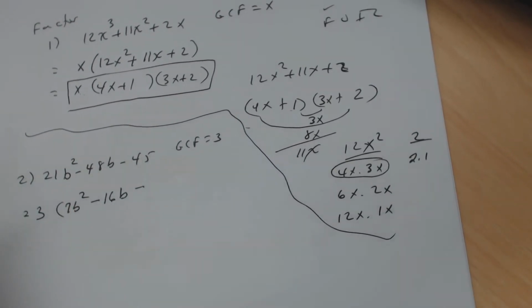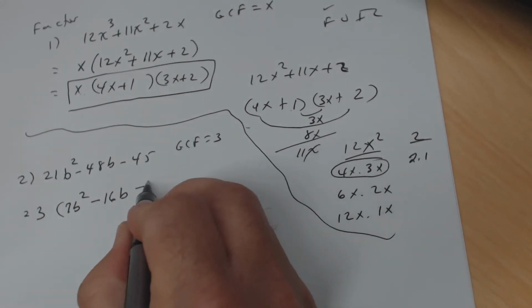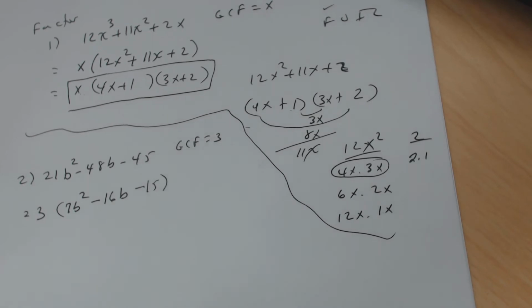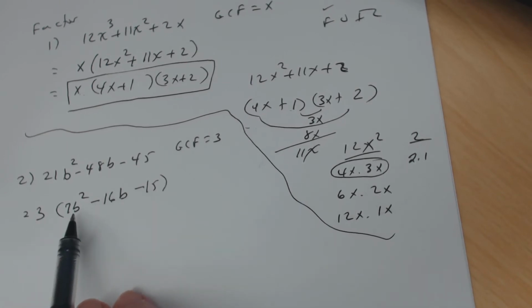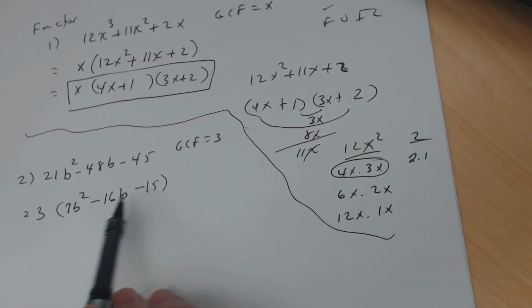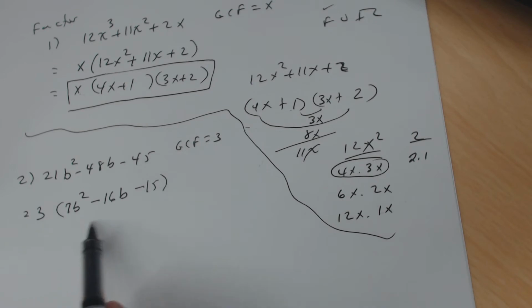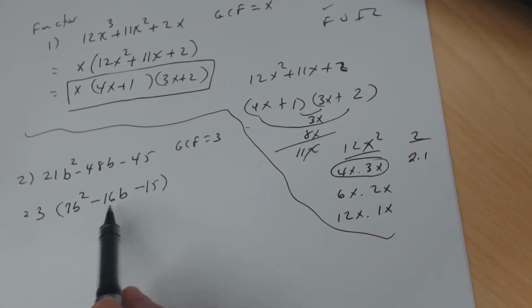And then right here, 45 divided by 3 is 15, so I get minus 15. Again, it could be that 7b squared minus 16b minus 15 cannot be factored, in which case that would be your answer. But let's go ahead and see if it can be factored.